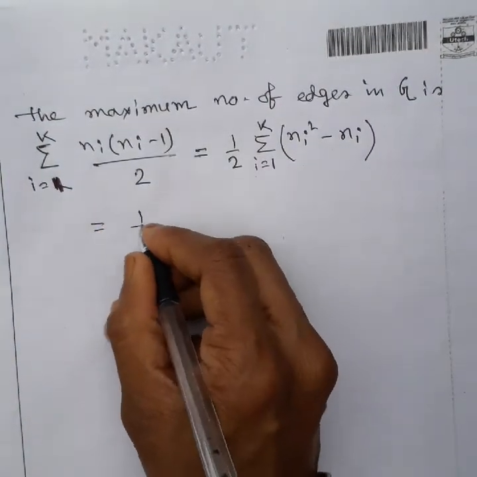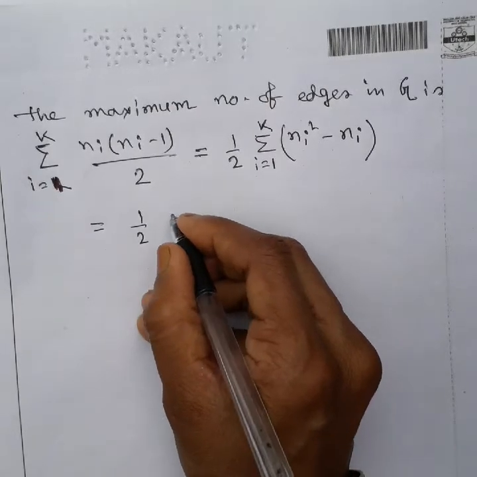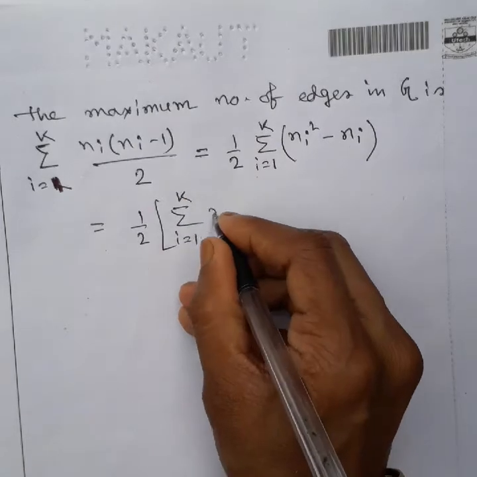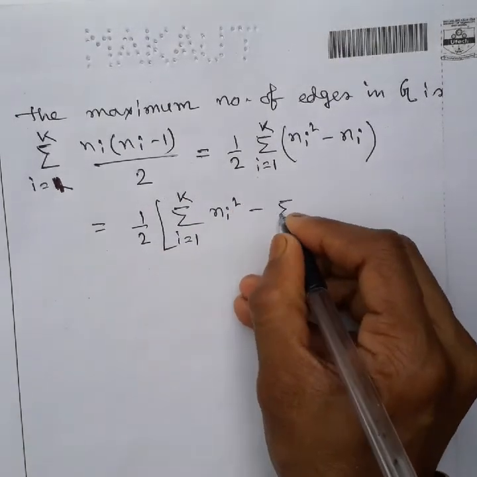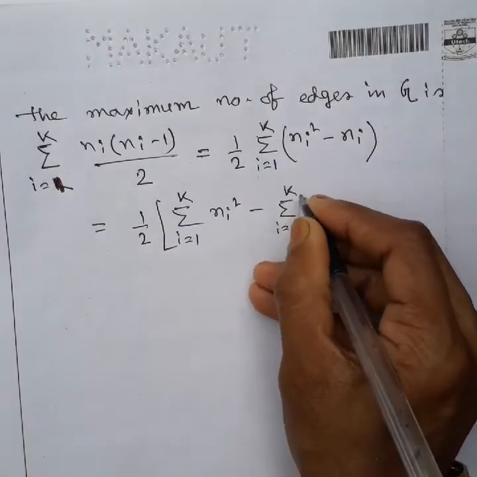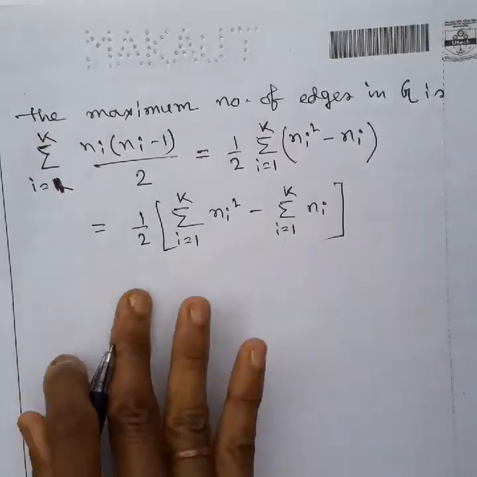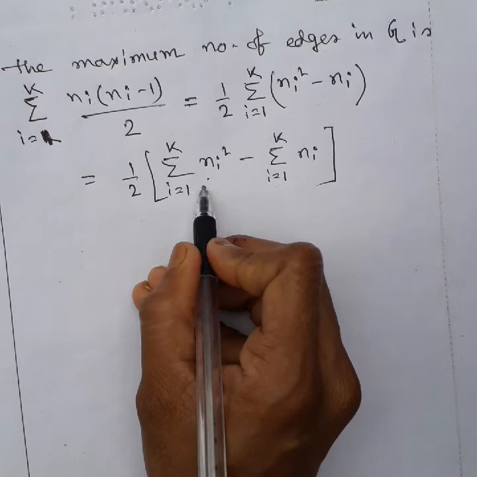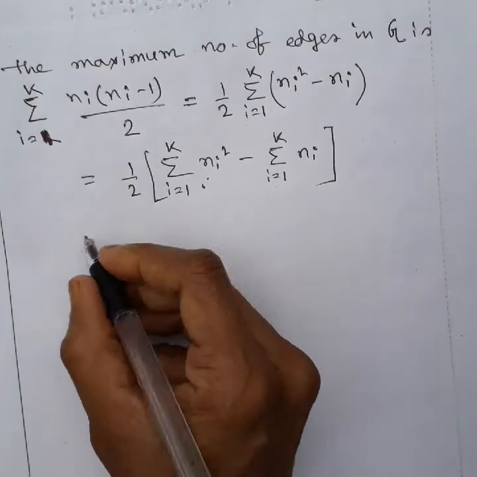That can be written as half of summation of ni square minus summation of ni. And we know this value from equation 1.